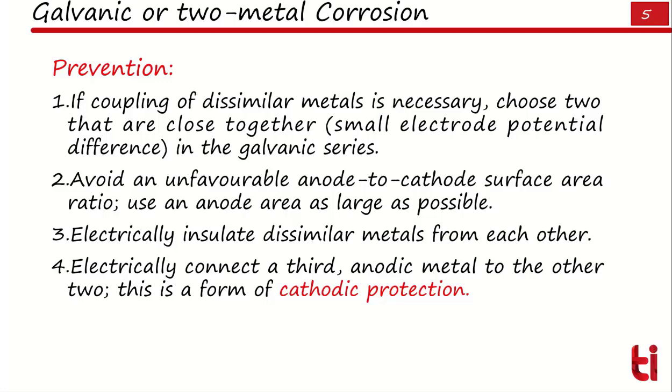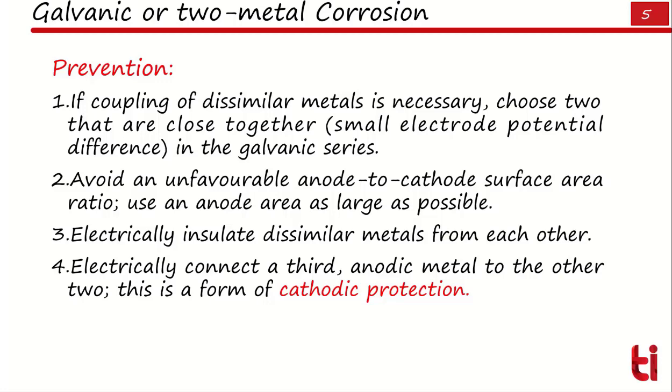The third option is to electrically insulate dissimilar metals. If you can somehow electrically insulate the metal junction, then there will be no galvanic potential between the metals, and thus you can control the corrosion.